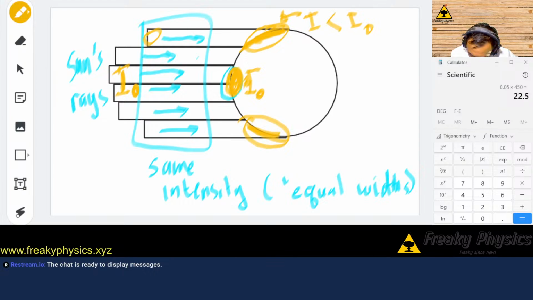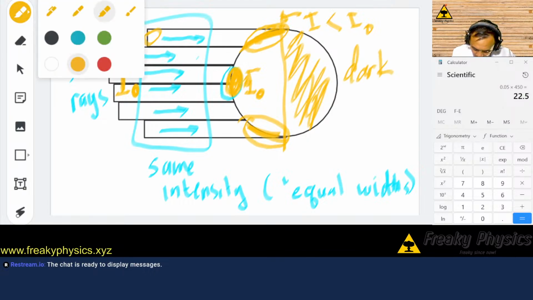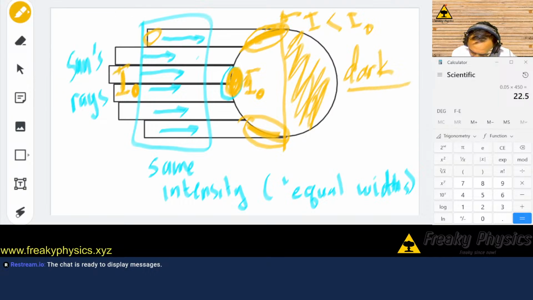So what happens here before we continue? This side is dark, right? So the dark part, in essence, changes the area of the sphere from a total area A to just half of it.